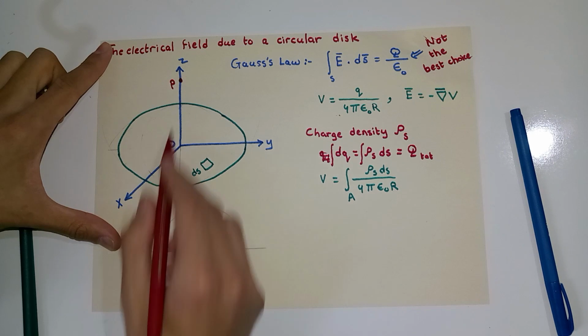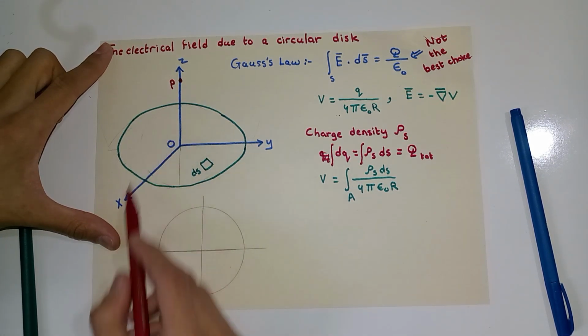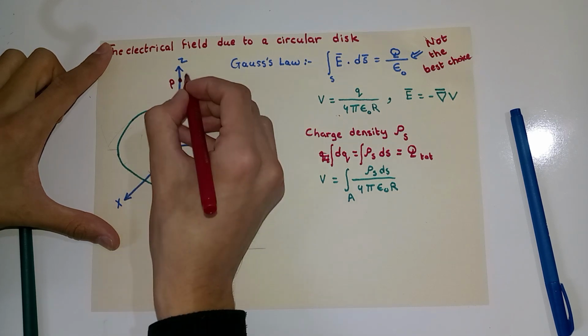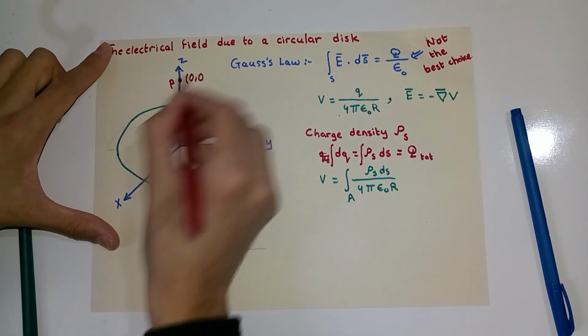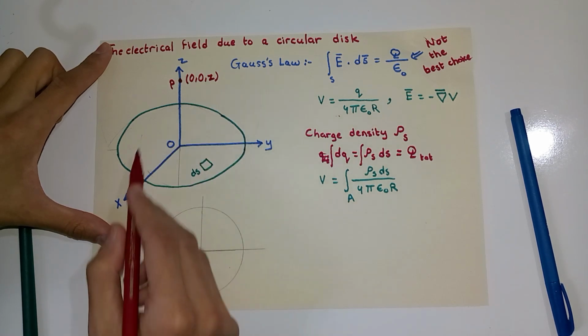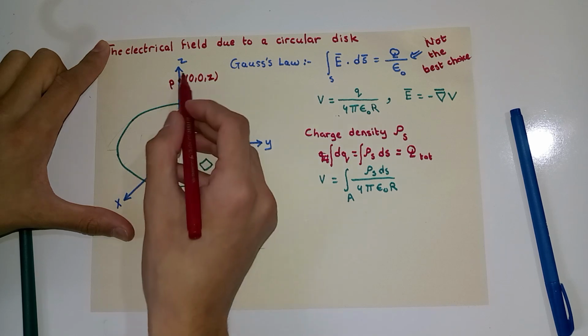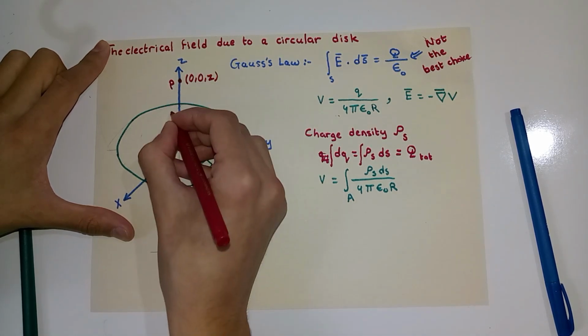This point, according to Cartesian coordinate system, is going to have the coordinates of 0, 0, and let's say z. Okay, z is the distance between the origin and the point. Then this line is z.